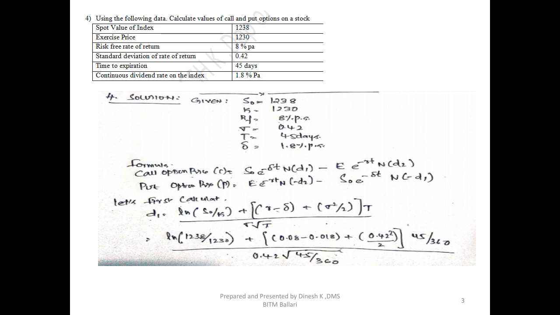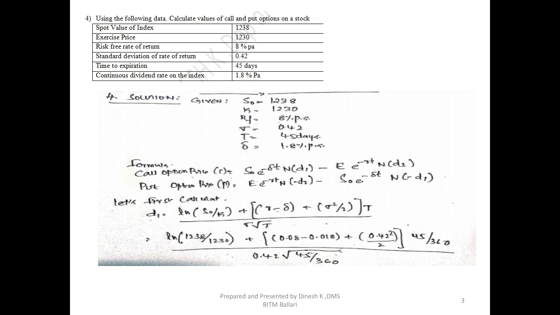Coming to question 4: using the following data, calculate the value of the call and put option on the stock. The spot price is given, exercise price is given, risk-free rate is given, standard deviation is given as 0.42, time to expiry is 45 days, and a continuous dividend rate on the index is given as a dividend yield of 1.8%.